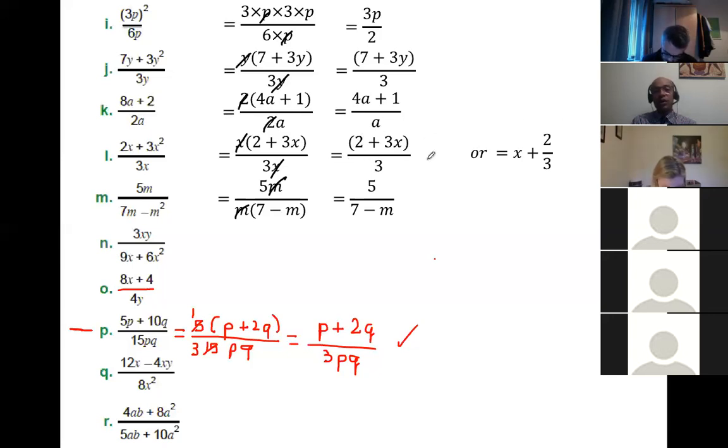See for question M there, if you didn't take away the brackets for your final answer, would that make a difference? No, it's fine. You can just do 7 minus m like that.